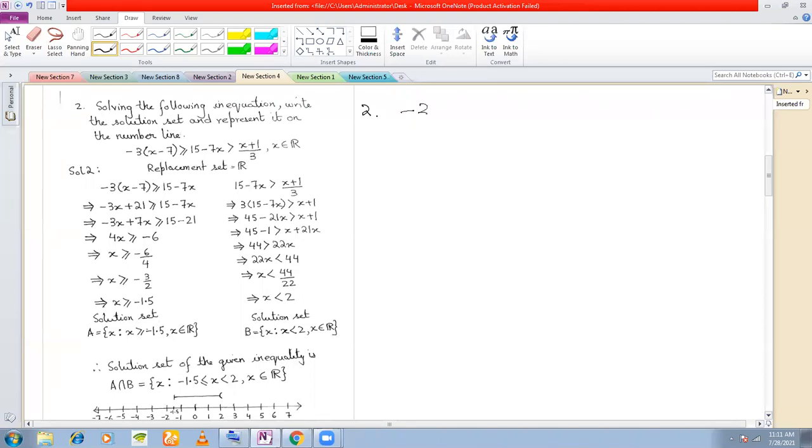So here you have this inequality given, where x belongs to R. So the replacement set is the set of real numbers. Okay, so split this into two inequalities.